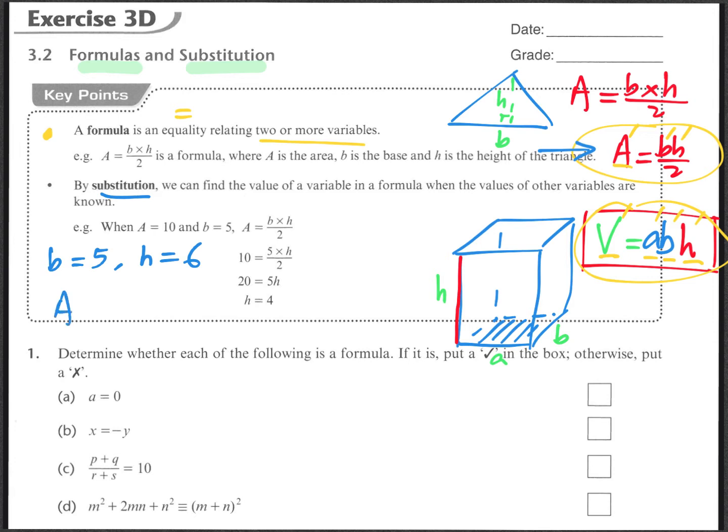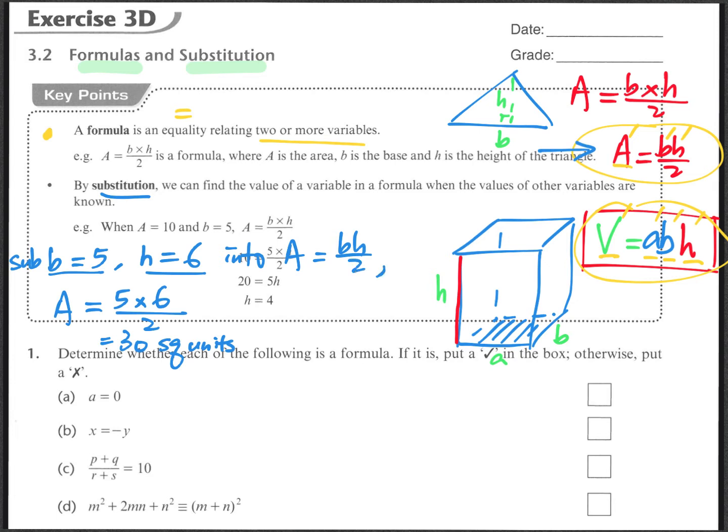When you put B to be 5 and H, the height, to be 6, by using the formula BH over 2, you get that the area will be 30 square units. In this concept, you are using substitution because you are substituting, or putting, B to be 5 and H to be 6 into the formula A equals BH over 2. That's the meaning of substitution. Again, it is not very difficult, right?